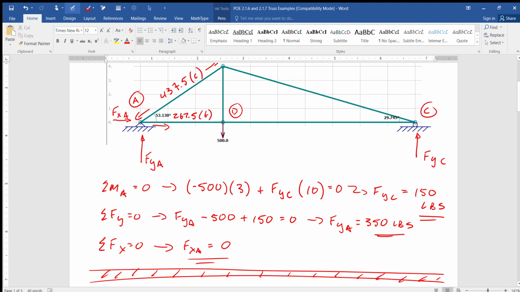Now, I'm going to do point D right here on the fly. I'm also going to erase this to get it out of the way, and I'll bring it back later, hopefully. If it's 500 down, then it's 500 up. And that's in tension, because I didn't change the direction. And if it's 262.5 that way, then it has to be 262.5 this way, and it's also got to be in tension.